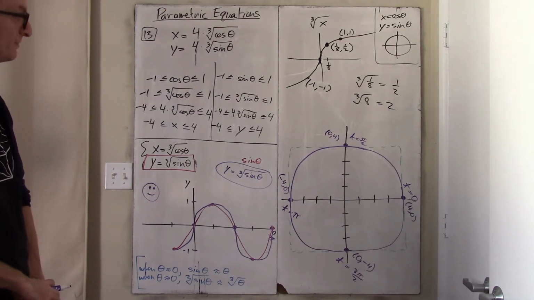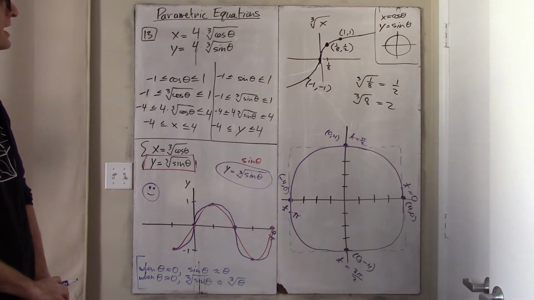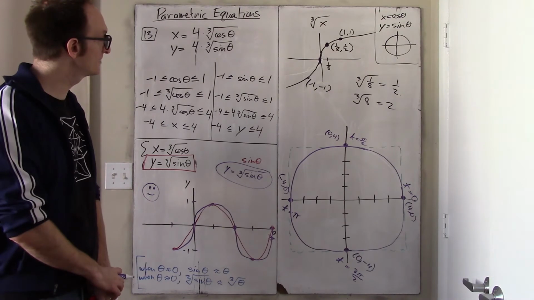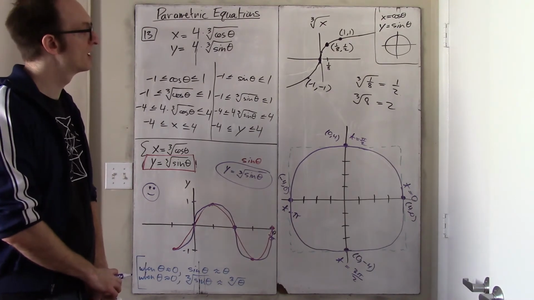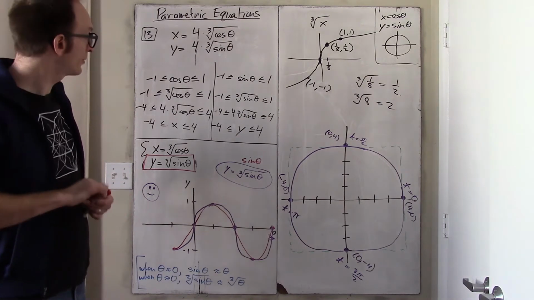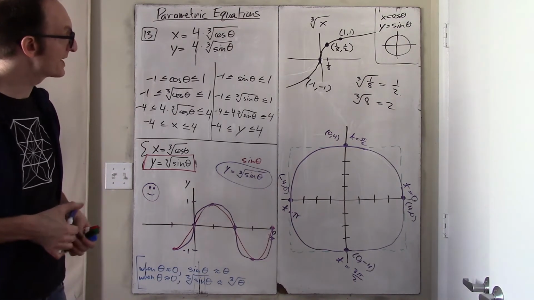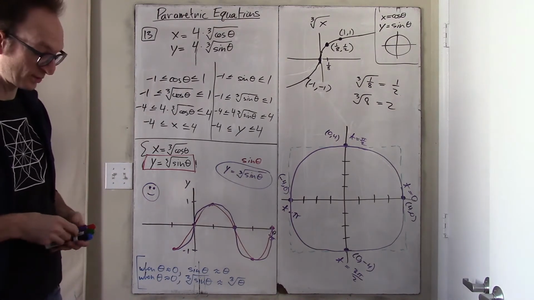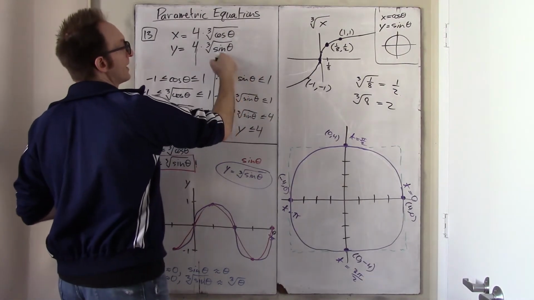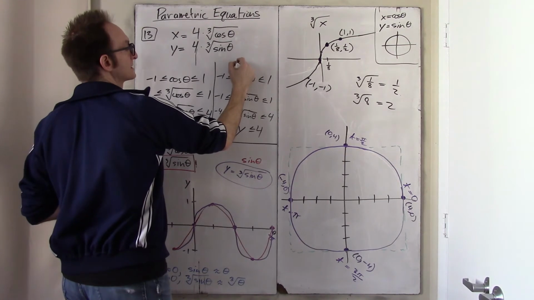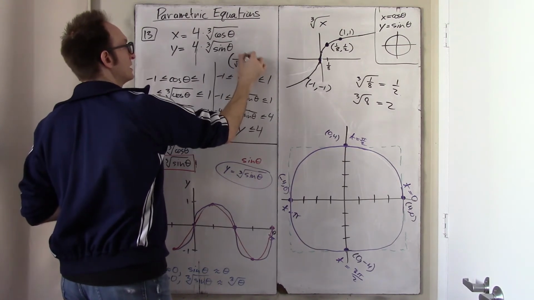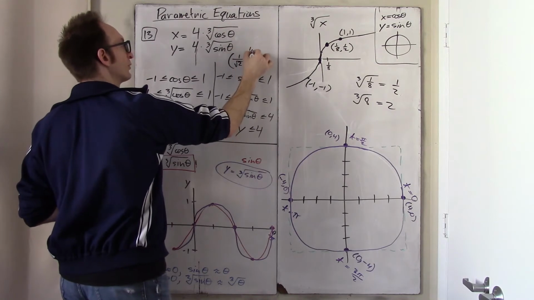But maybe you want to know what's going on at, say, pi over 4. So if you plug in pi over 4, what do you get? Do I even want to do this? Sine and cosine of pi over 4 are the same thing. They're just root 2 over 2, or really 1 over root 2. So I want to take the cube root of 1 over root 2.